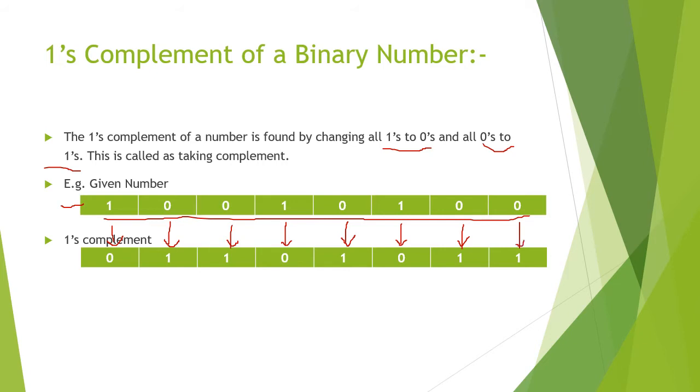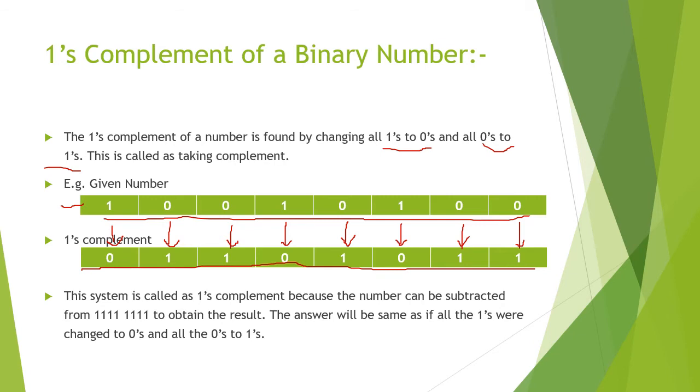This is the number that we are getting after replacing every 1 with 0 and every 0 with 1. The number becomes 0 1 1 0 1 0 1 1. Very simple. Just remember we have to replace every 1 with 0 and every 0 with 1 for finding out the ones complement of the given binary number.